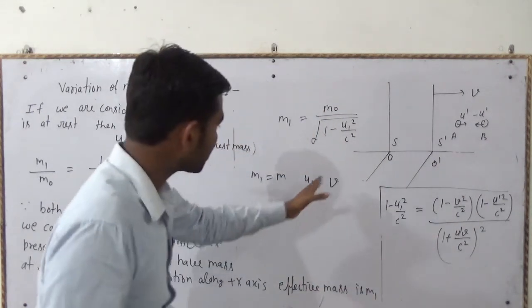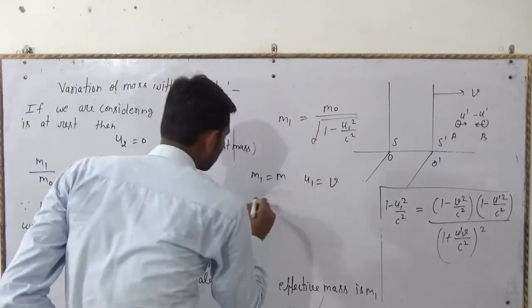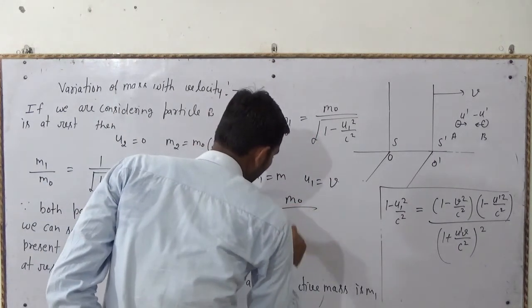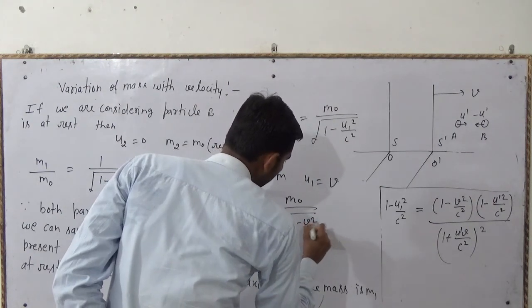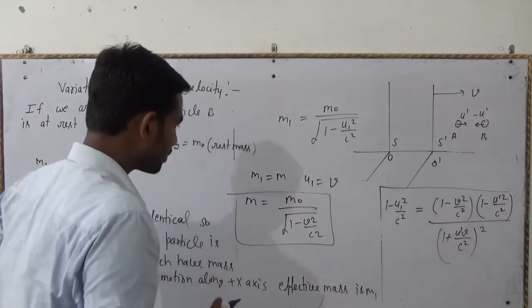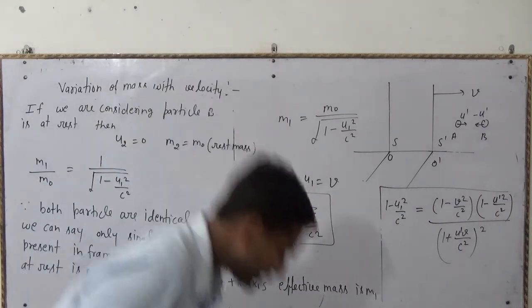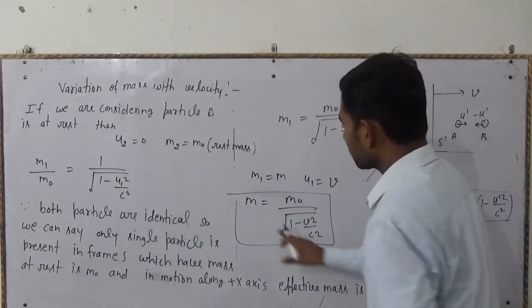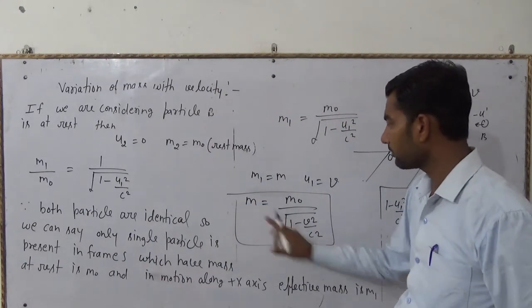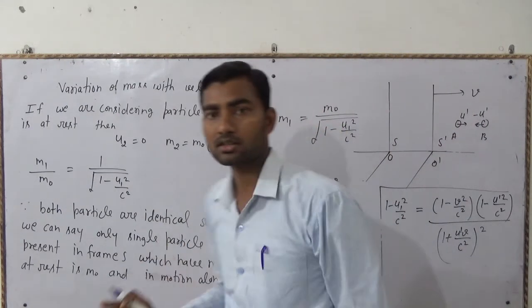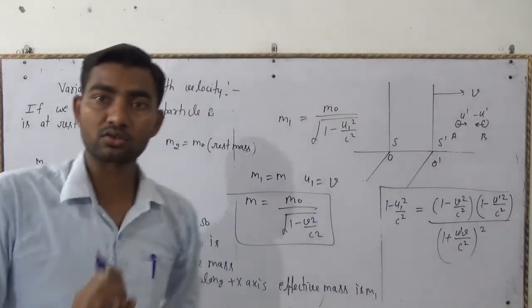So here we have replaced u1 by v, and we can write m is equal to m naught upon under root 1 minus v square by c square. It is a very important and very famous result. Here we can see how the variation of mass with velocity is related to each other.